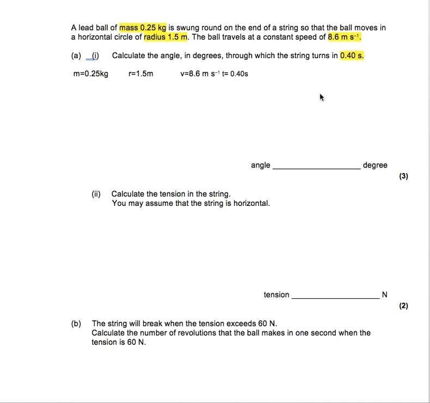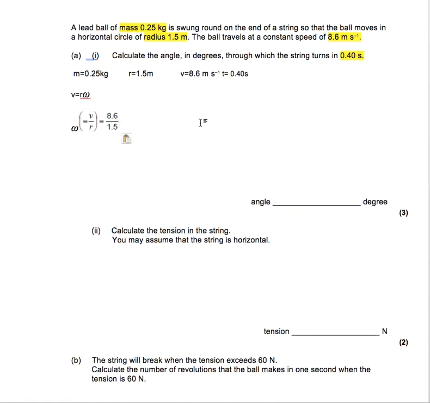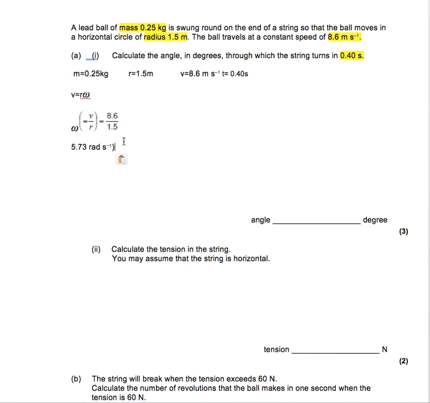So I've got v and r. That gives me omega equal to v over r. And v is 8.6, r is 1.5, so that gives me omega as 5.73 radians per second.